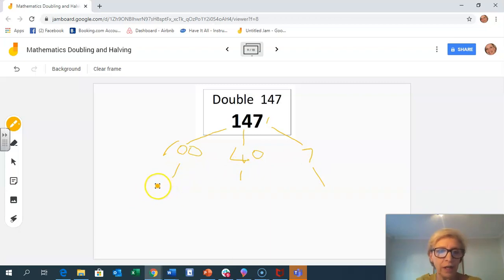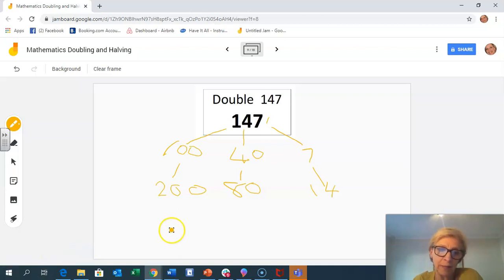So 100 doubled is 200. 40 doubled is 80. And 7 doubled is 14. You see how important it is for you to know your multiplication tables too, everybody.